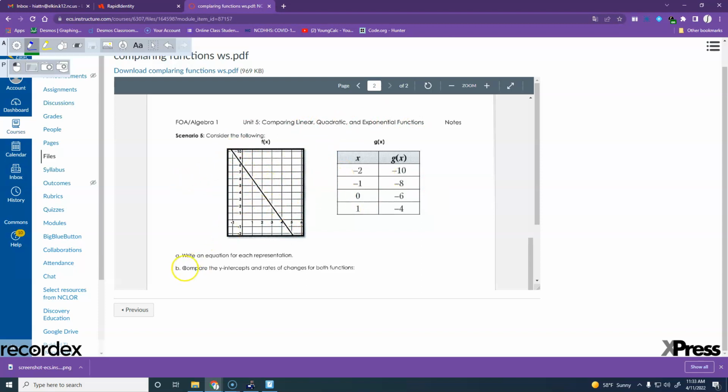And it's going to ask you to compare, like for example here, compare the y-intercept. So you're telling me which one is the highest here. What I want you to do, you can use anything you would like. You can use Desmos if you want. It's a good idea to graph this in Desmos, so you'll be able to see what you're looking at and compare it to this graph. But I want you to answer that question about comparing those.